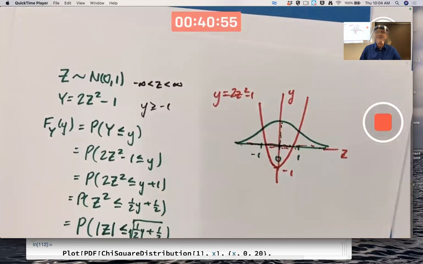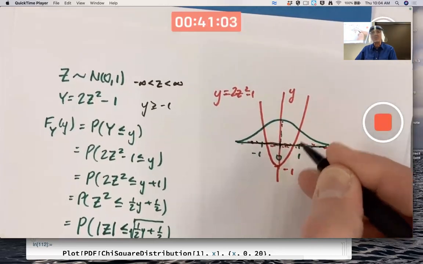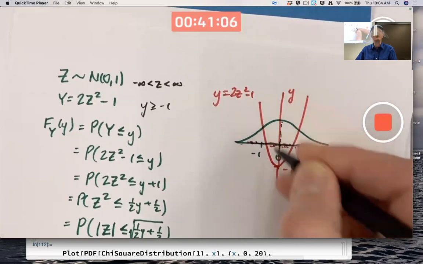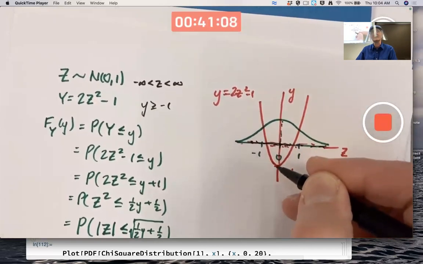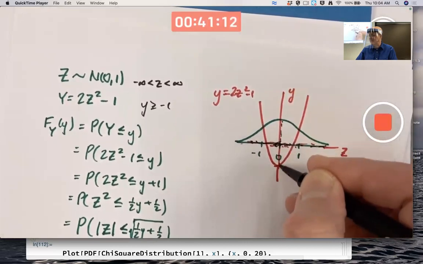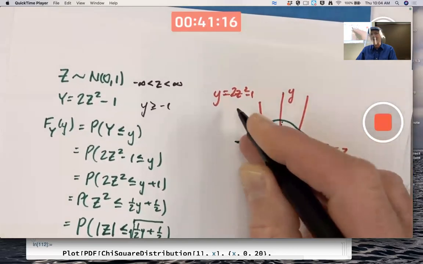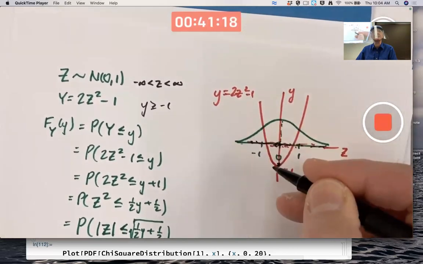That's not a PDF, not a CDF, it's a transformation. I'm trying to imagine transforming the data values on the z-axis horizontal to corresponding data values on the y-axis is what I'm trying to do. Points close to 0 for z will get mapped close to -1. Plug into the red function, that function, you'll get close to -1.